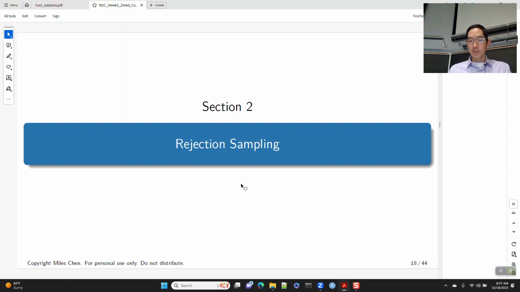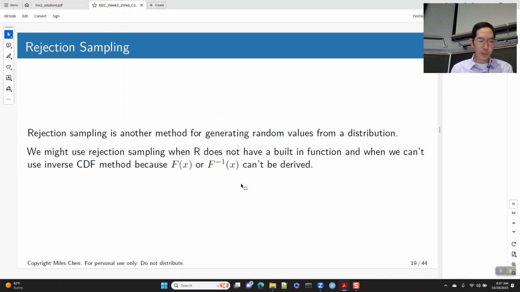All right, let's take a look at our next topic, which is rejection sampling. Rejection sampling is another method that we can use for generating random values from a distribution. Inverse CDF is a great method for most of our distributions. If you can get the inverse CDF function, you can just go straight from a random uniform, plug it into the inverse CDF function to get your random value.